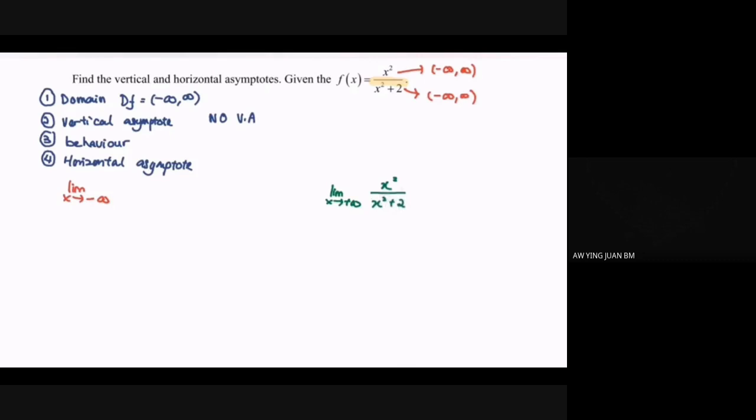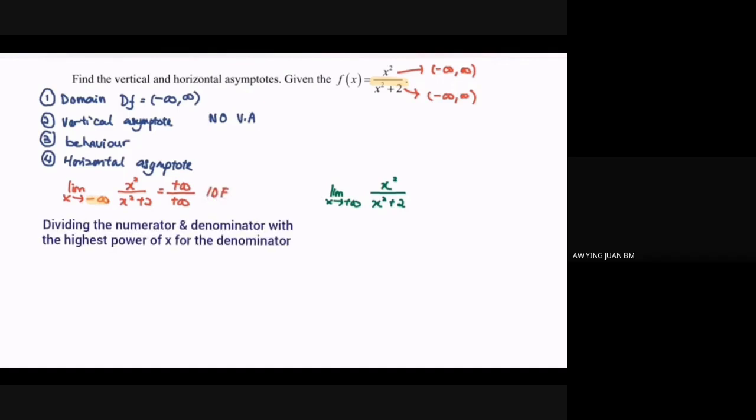Same goes to the left, x squared over x squared plus 2. Now, we begin with the left. If we substitute the value negative infinity, we will have positive infinity for the numerator, and same goes to the denominator. So in this case, we denote it as IDF or indeterminate form. So what is the strategy that can be used in this case? Dividing the numerator and the denominator by the highest power of x in the denominator.